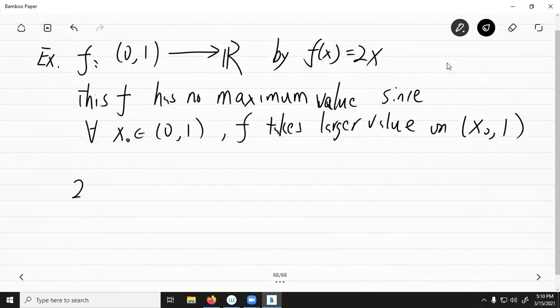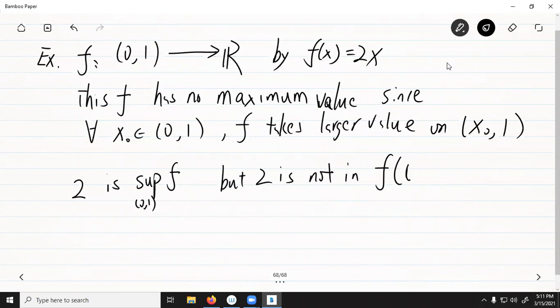But 2 is called the supremum of the function f on the interval from 0 to 1. 2 is the supremum, but 2 is not in the range, the image of f on (0, 1). So you can see the difference between the supremum and the maximum.